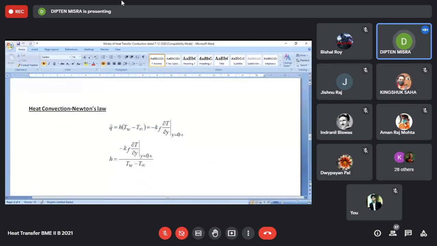coming out of the wall passes through the intermediate particle that is sitting on y equal to 0 plus. There also the heat flow is along y, the normal to the wall. The direction along the wall I consider as x, and the direction normal to the wall I consider as y.